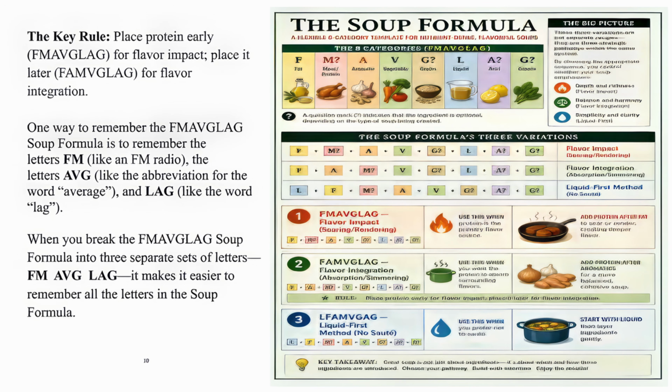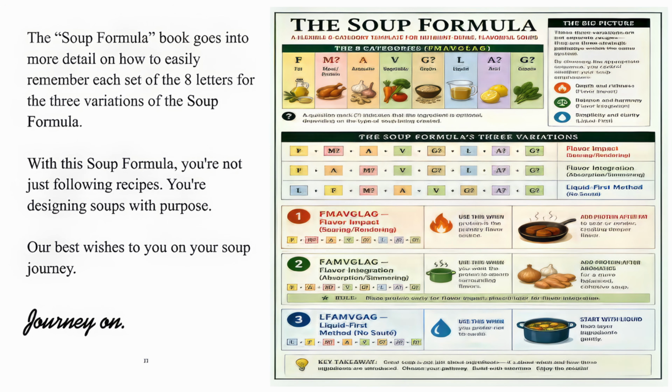When you break the F, M, A, V, G, L, A, G soup formula into 3 separate sets of letters: F, M, A, V, G, L, A, G, it makes it easier to remember all the letters in the soup formula. The soup formula book goes into more detail on how to easily remember each set of the 8 letters for the 3 variations of the soup formula.